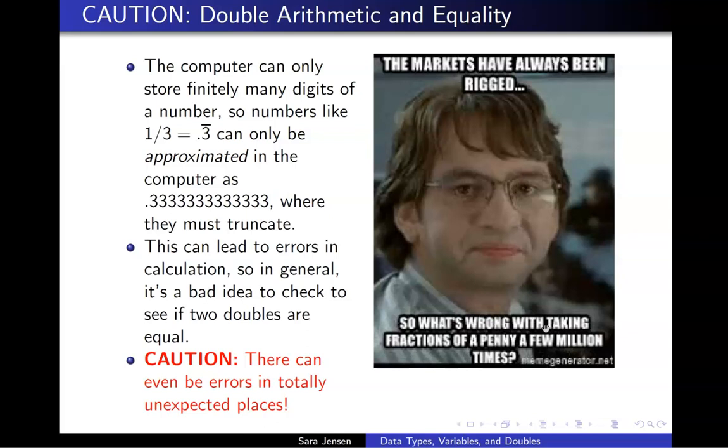What this could mean is that if I am asking the computer to check whether or not the value it has stored within a particular variable is exactly equal to 1/3, the computer might tell us that it's not. So in general, it is a very bad programming practice to check whether or not two doubles are equal to one another.